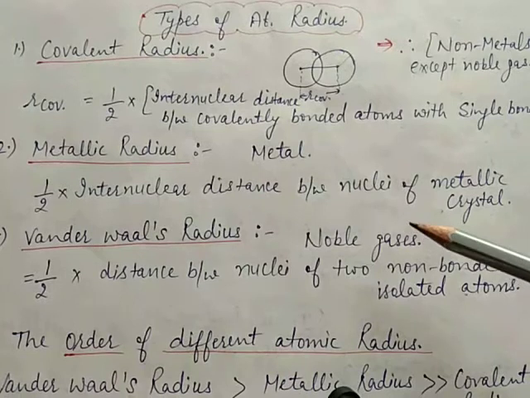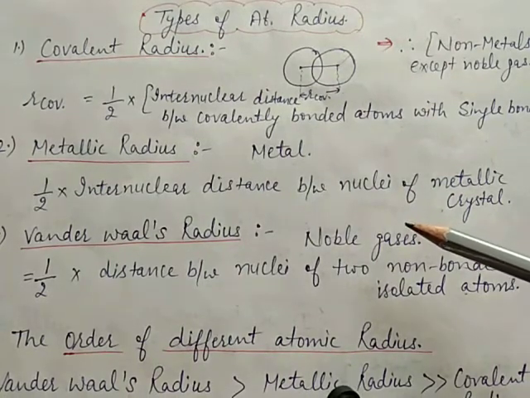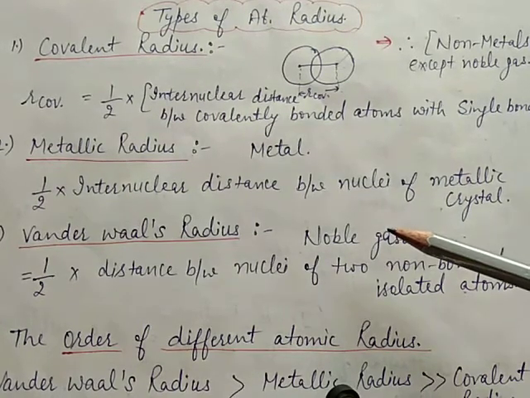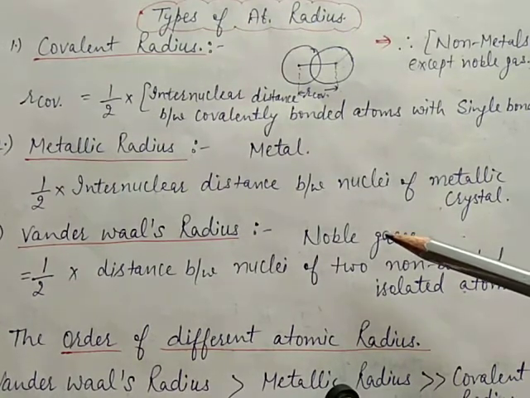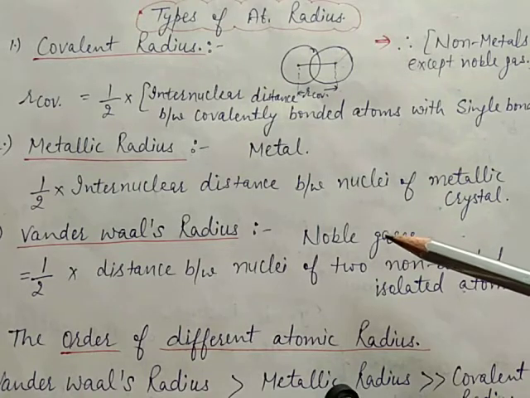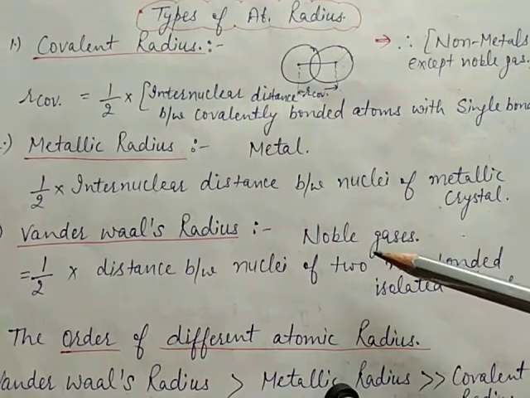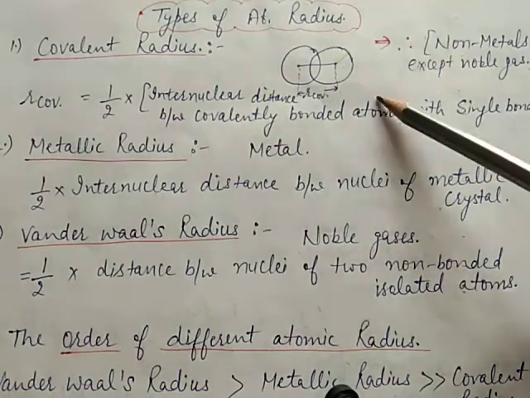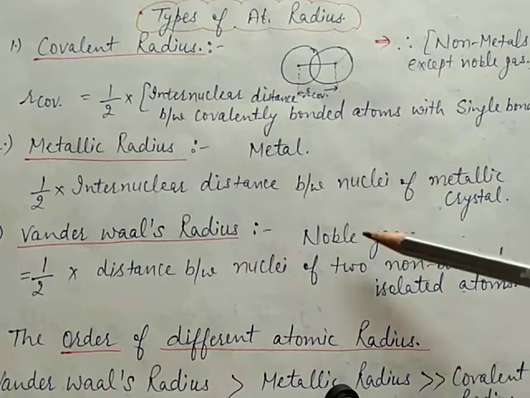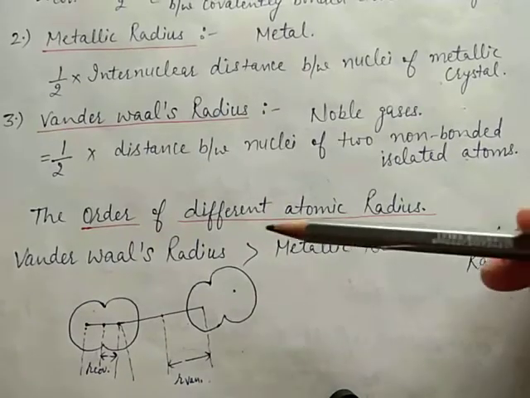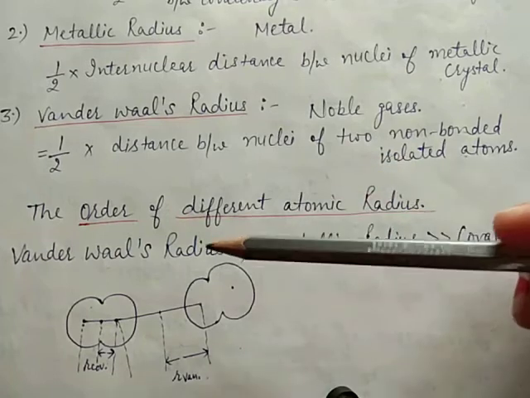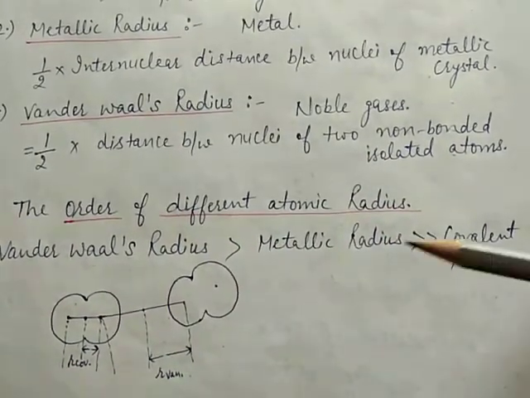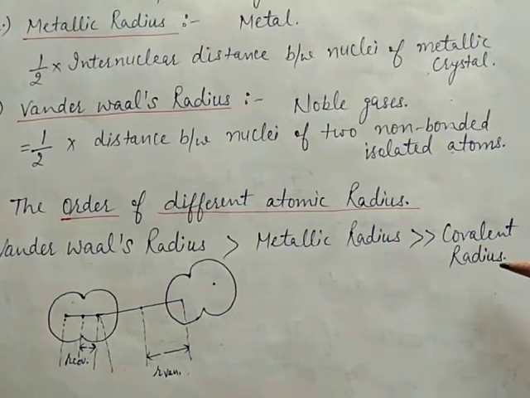In van der Waals radius, the forces of attraction are very weak, so the internuclear distance between atoms held by van der Waals forces is much larger as compared to that between covalently bonded atoms. So van der Waals radius is always larger than the covalent radius. So the order of different atomic radii: van der Waals radius is always larger than metallic radius, and metallic radius is always larger than covalent radius.